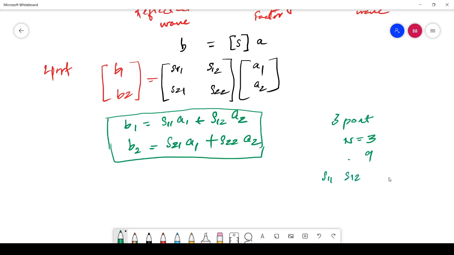S11, S12, S13, S21, S22, S23, S31, S32, S33. So this is for your 3-port network matrix. Likewise we can go for multi-port networks. We can write equations for multi-port networks, right?